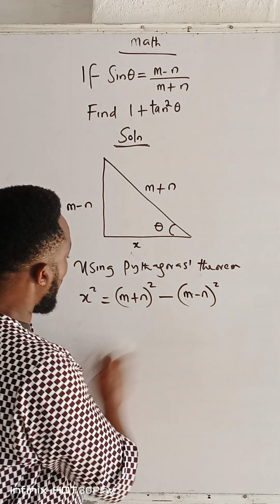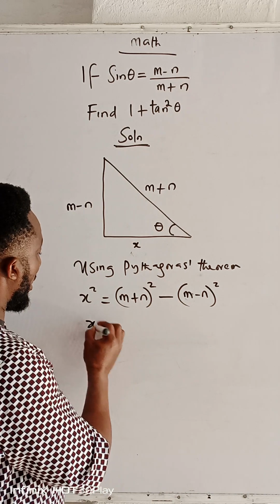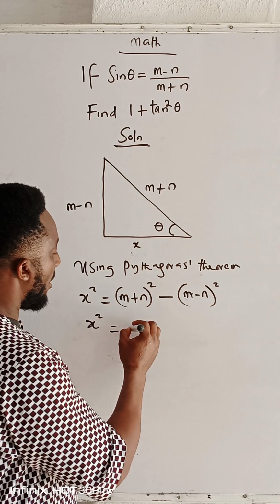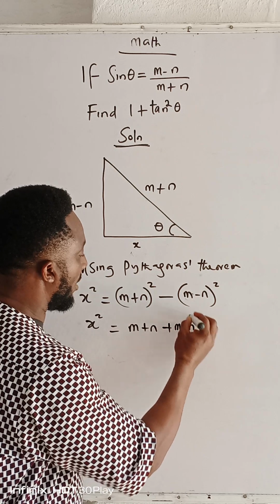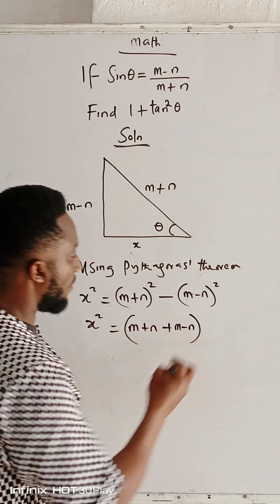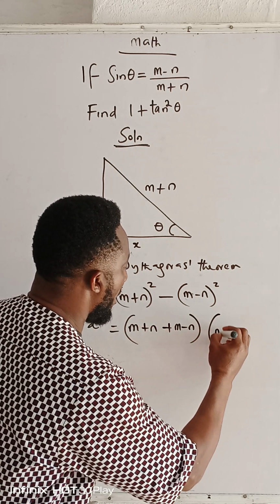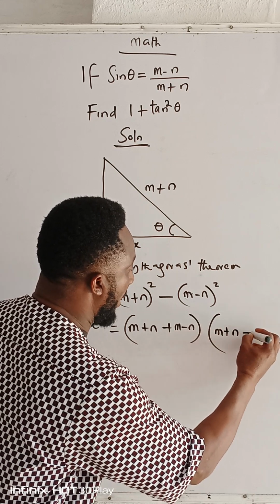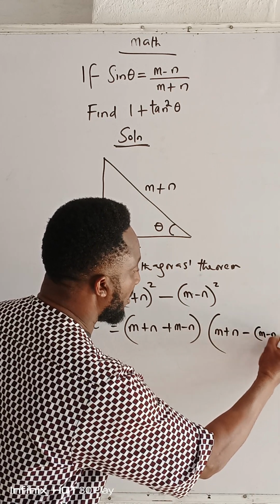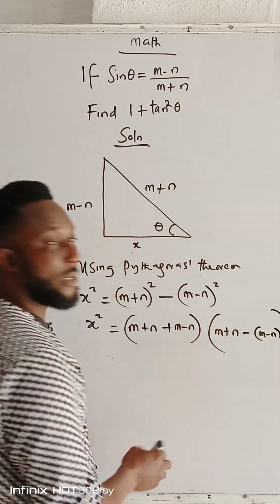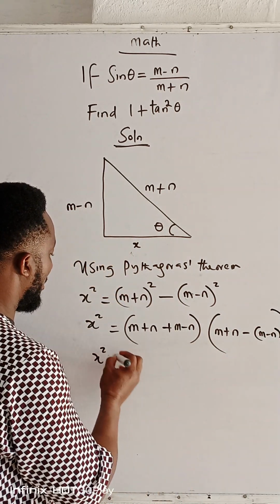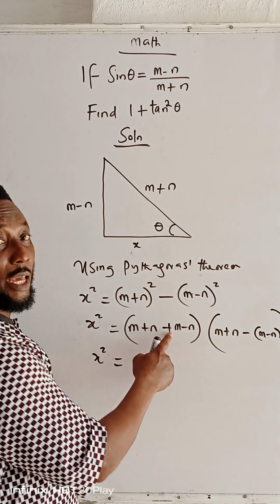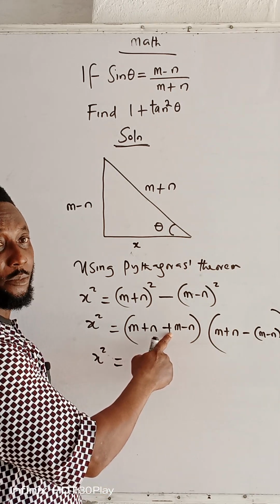So with this, s squared will be m plus n plus m minus n in one parenthesis, m plus n minus m minus n in another parenthesis. So at the end of the day, m plus m is 2m.